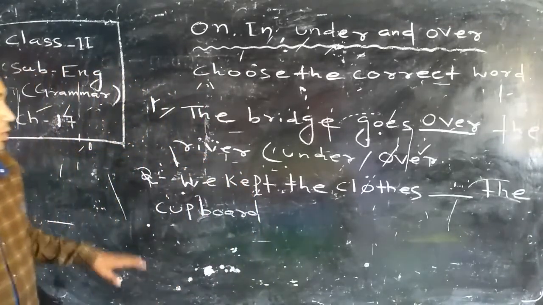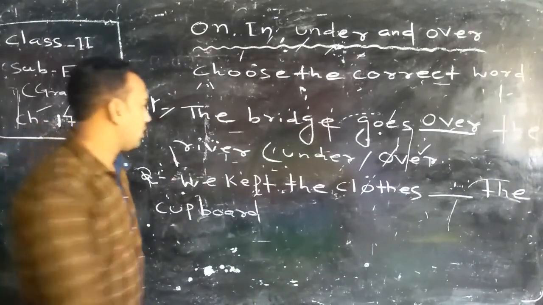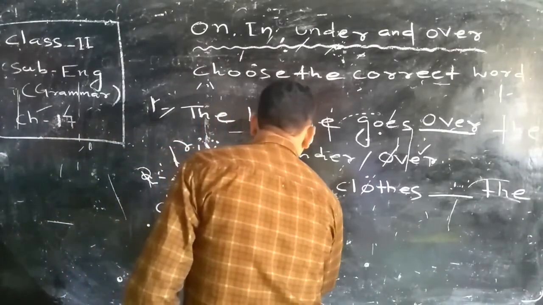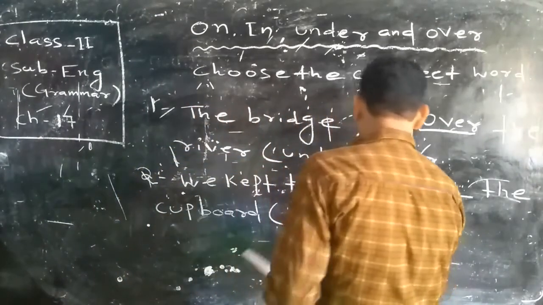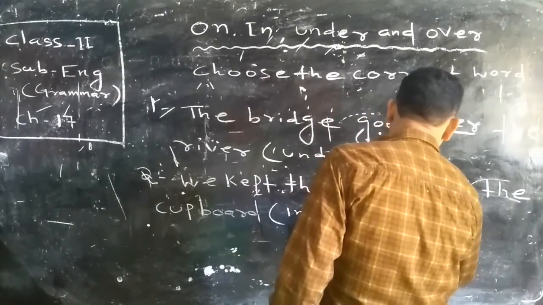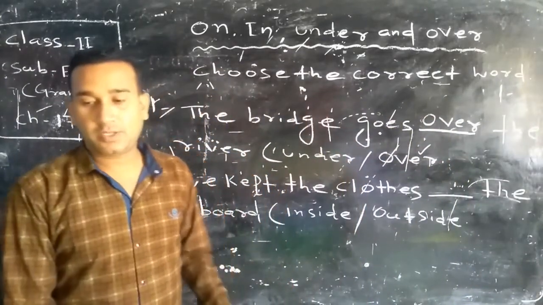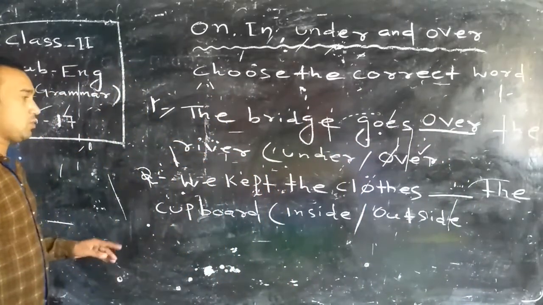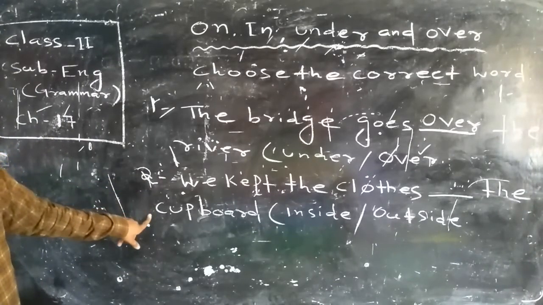We kept the clothes dash the cupboard. Inside or, here the options are inside or outside. Okay, so two options are here. So just you have to choose one. We kept the clothes dash the cupboard.